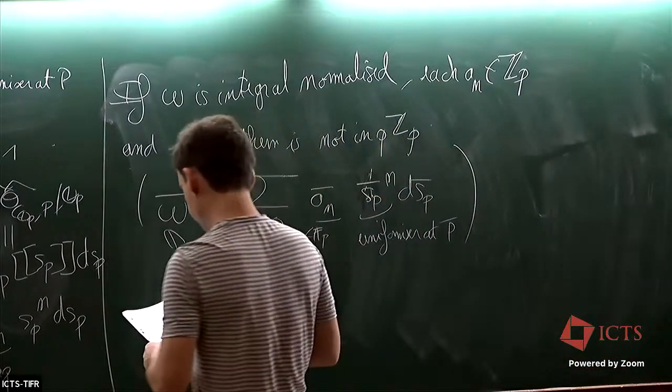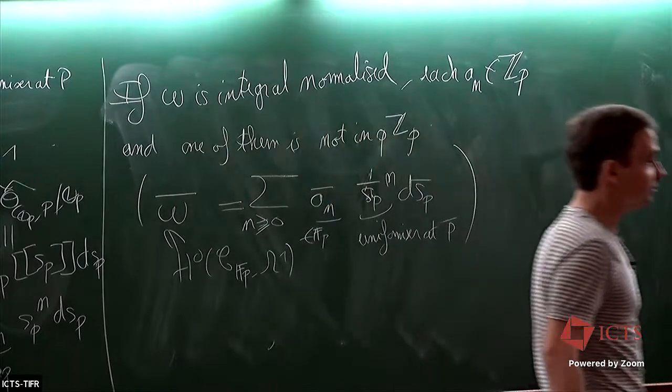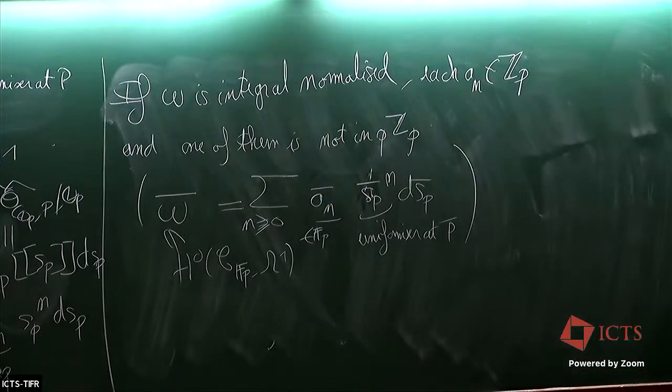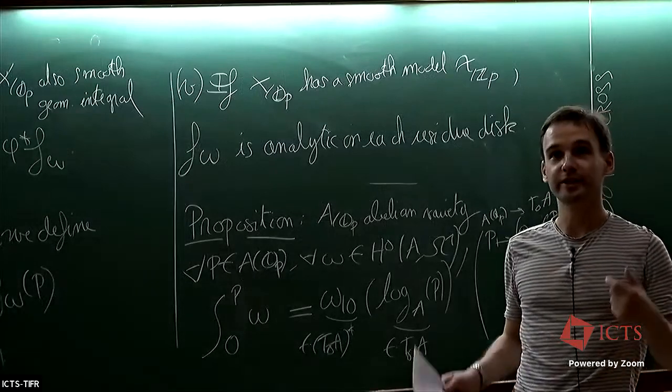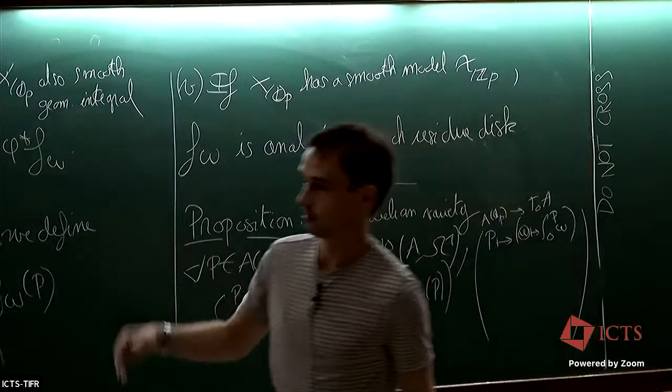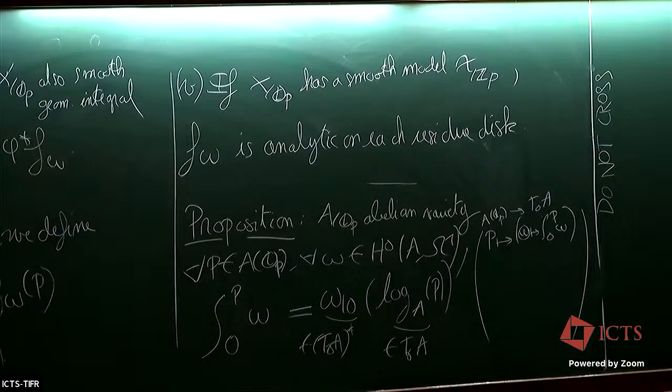All right. And now what is the integration? Well, as I said here, the integral of omega has to be analytic on each residue disk. And here I'm looking at the analytic function, so a sum of powers of SP^n. I want to integrate something like this.